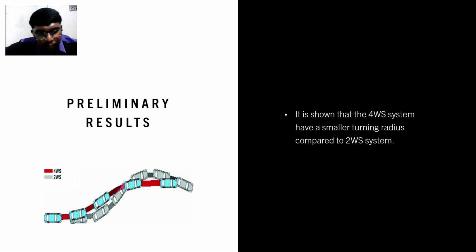You can see the blue car is with four-wheel steering system, and the gray car is with normal two-wheel steering system. It has a larger radius compared to the four-wheel steering system, as it has to slide the rear wheel to turn completely.